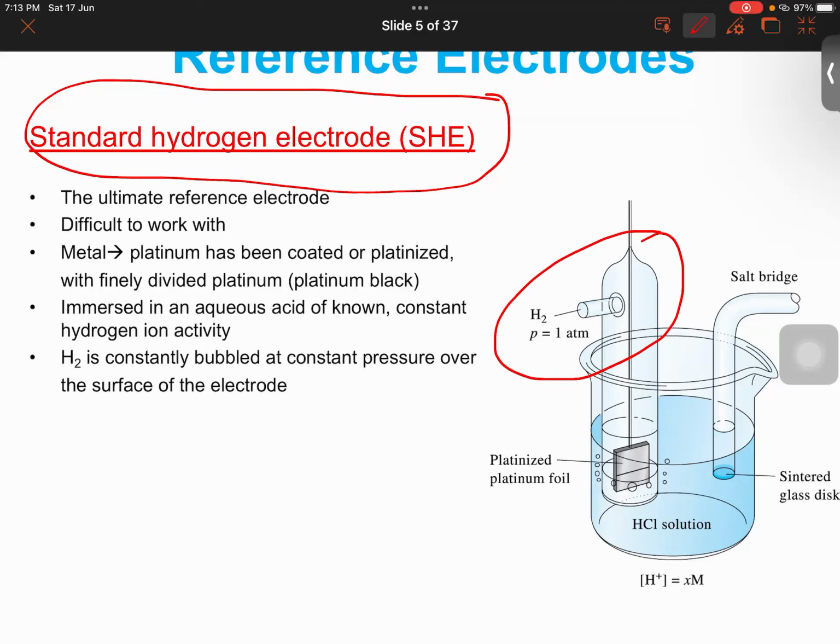Because it is in the form of gas, the concentration is based on partial pressure, which is 1 atm. And this is the structure of the whole hydrogen electrode, and the inert electrode used here is platinum foil.